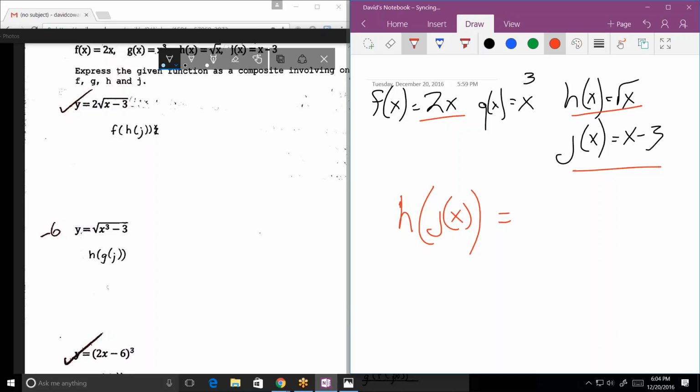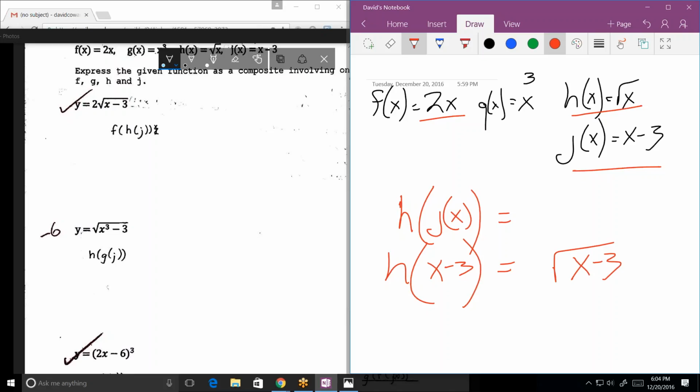So j would go into the function h. What this means is h of the j of x function is x minus 3. So now what's h of x minus 3? Square root of x minus 3. So we're getting close.